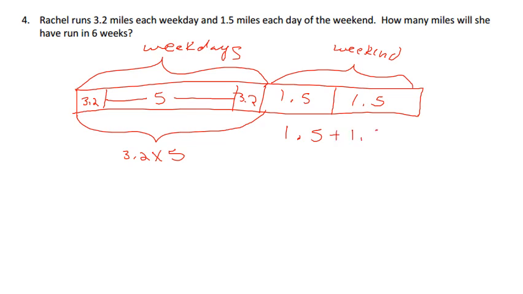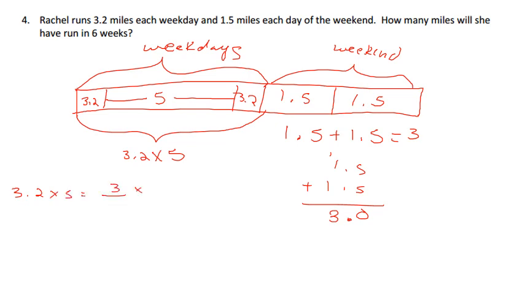So now in order to find this, we know it's 1.5 plus 1.5 to add those two together. 5 plus 5 is 10, carry 1, and 3 with our decimal. So that's going to equal 3.